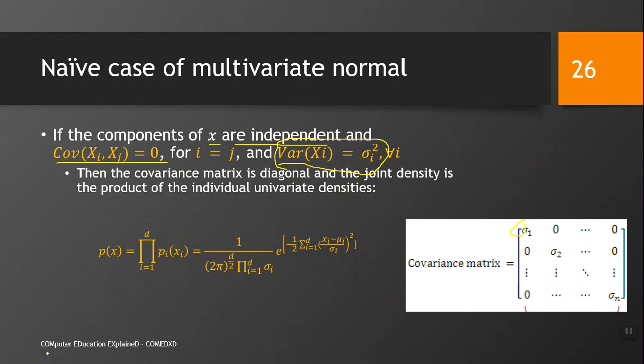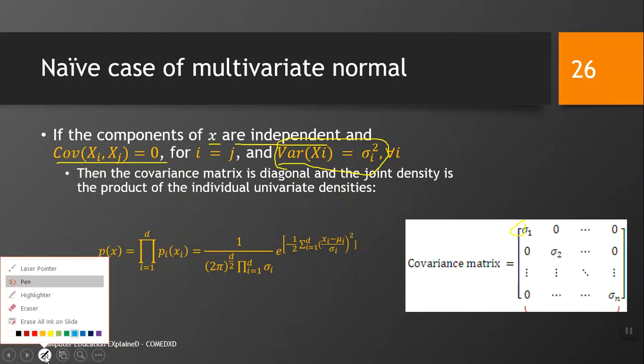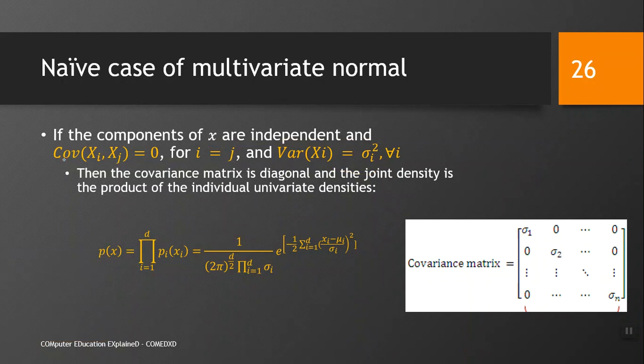Here it is interesting that if all of our features fulfill these properties, then only the diagonal variances would exist and covariances all would be 0, right?